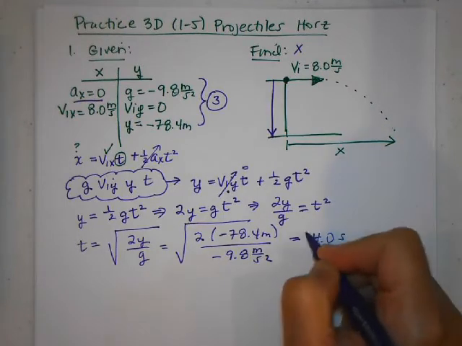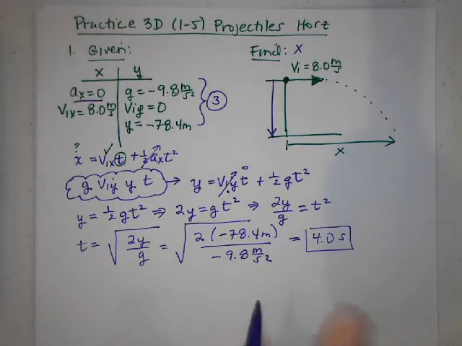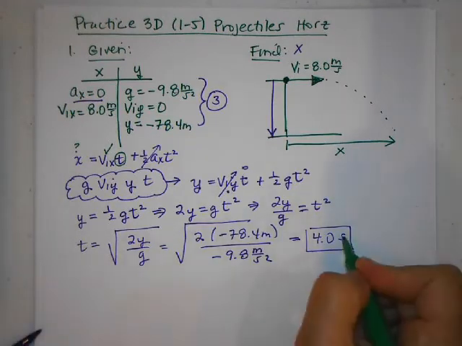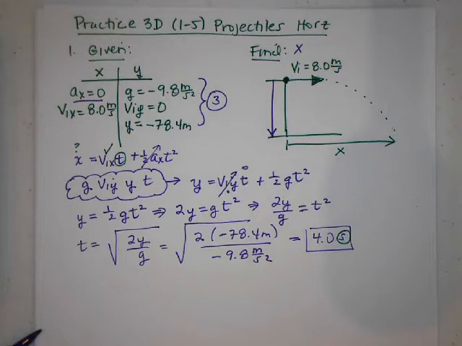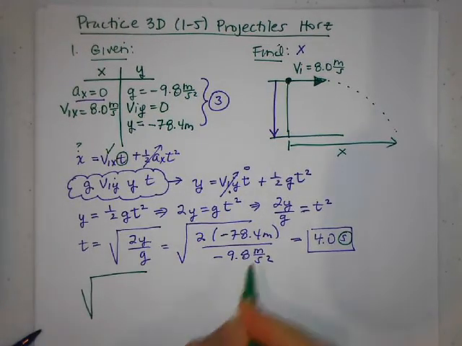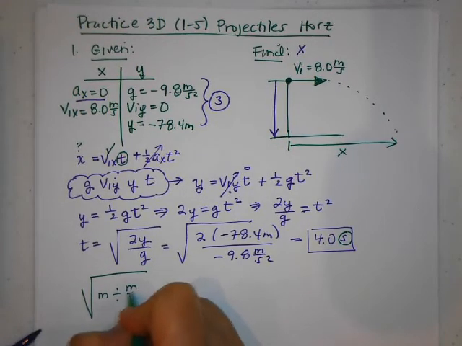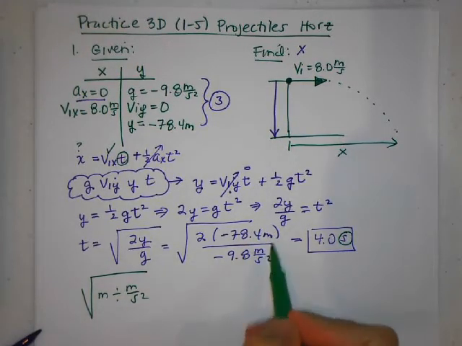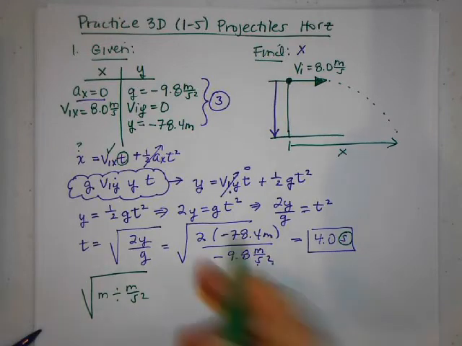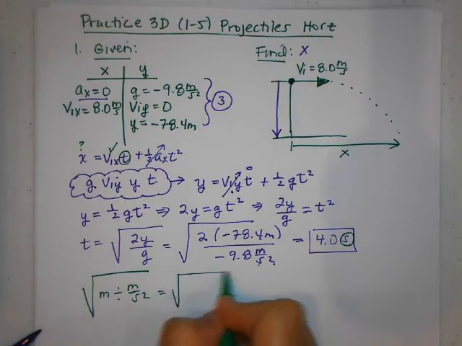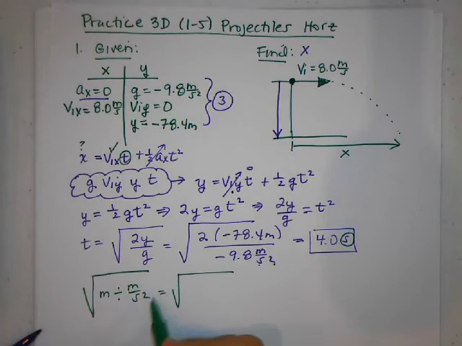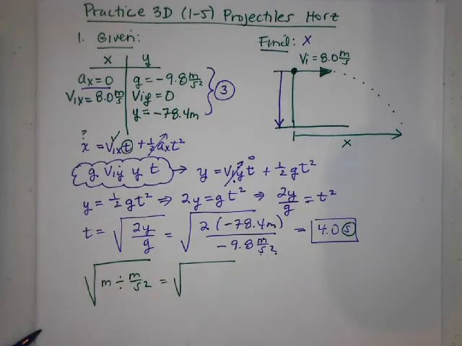But I want to make sure I didn't make a mistake. And in physics, we have a foolproof way to check our work every time. So I'm not just going to throw that second in on the end. I'm going to look at my units. So underneath the radical, I have a meter divided by a meter per second squared. So remember, when I divide by a fraction, it's like multiplying times the reciprocal.